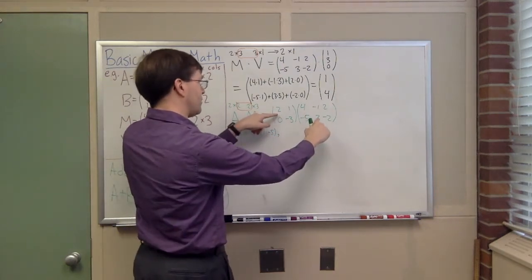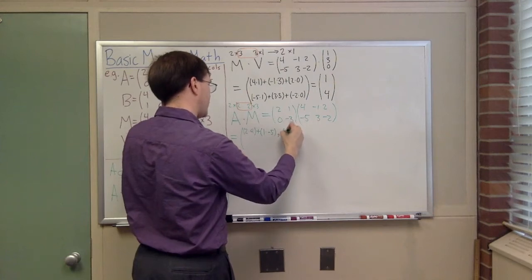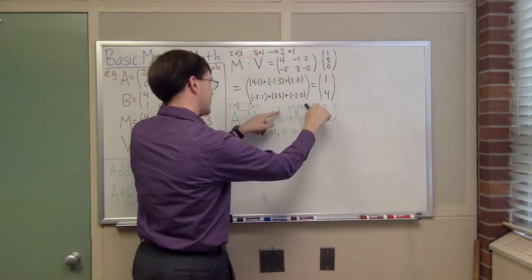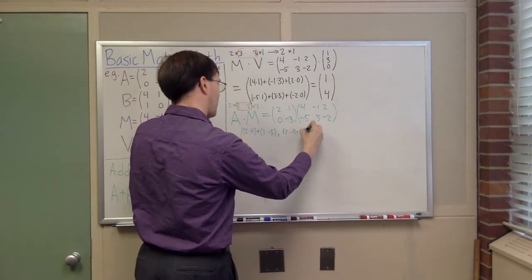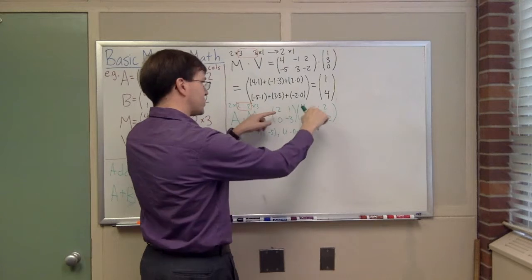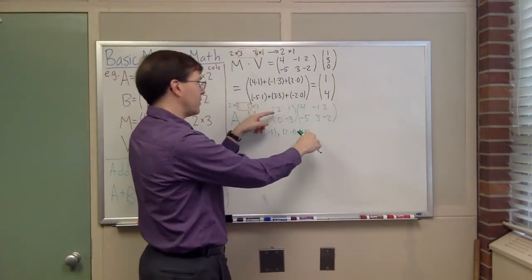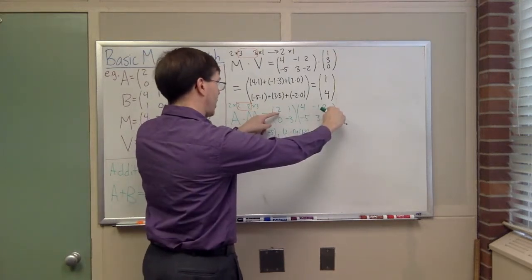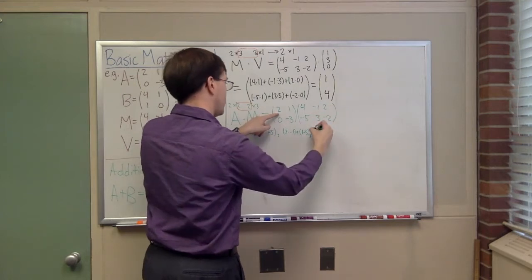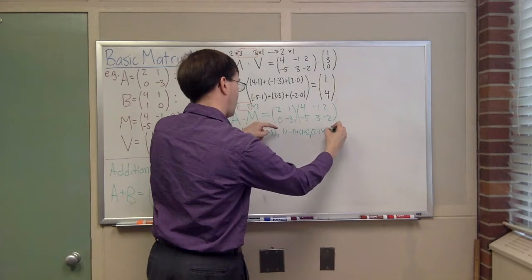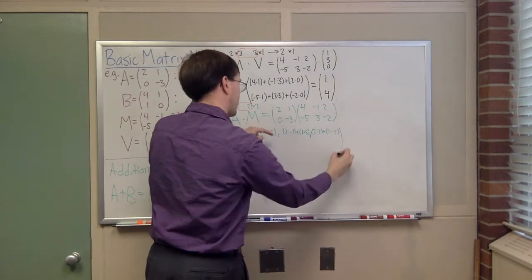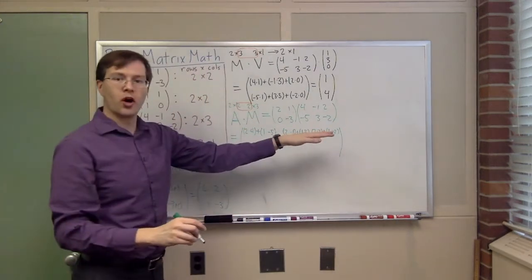First row, second column, 2 times minus 1 plus 1 times 3. There's another comma just to distinguish. That was this first row in the second column. And now here, third column, 2 times 2 plus 1 times negative 2. That's going to be my entire first row written out now.